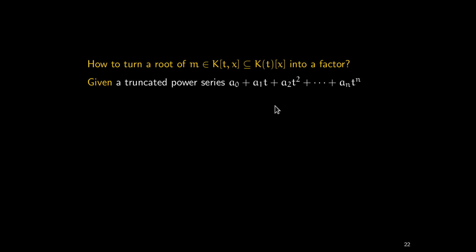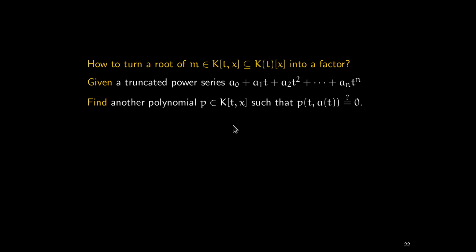Okay, so we could just make an ansatz. That's one possibility. So let's say we have computed with the implicit function theorem lots of terms of the power series expansion of some root, and the idea is now to take this as input and forget about the m for a moment and just search for a polynomial that is likely to also have this power series as a root.